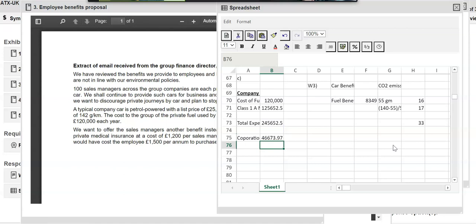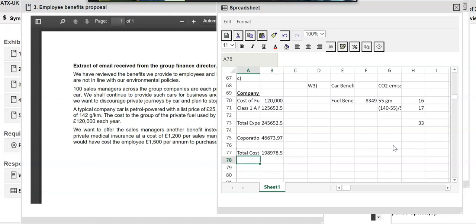So that's going to be 466 something, right? So if we calculate the total cost of providing the fuel, that would be how much? This minus this. Okay? Are we clear?